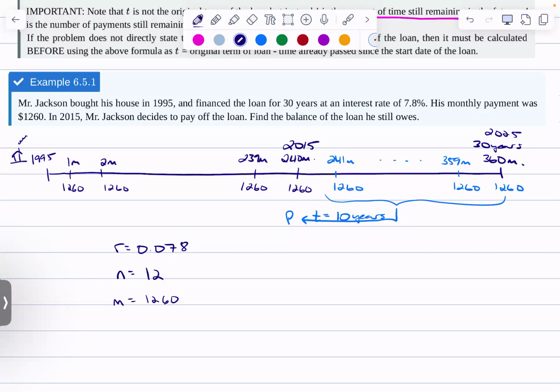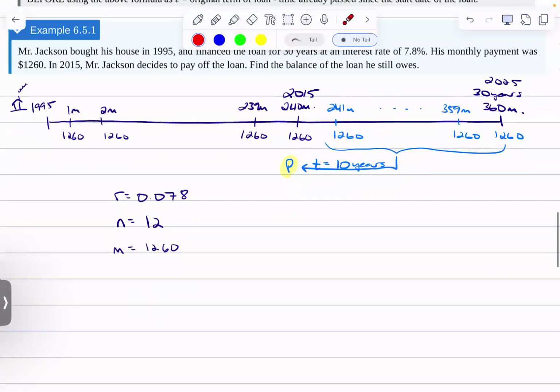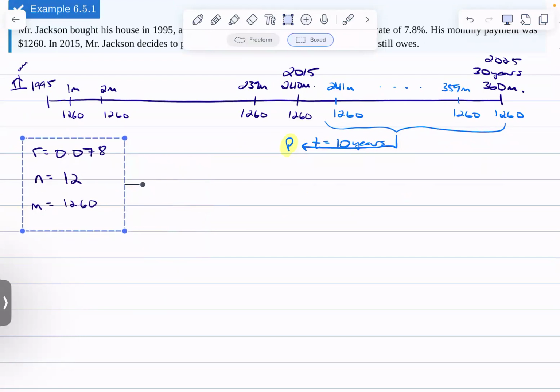You could also use this to figure out how much he paid for his house, if you pulled it all the way back. Okie dokie. So we're trying to solve for this P. The only adjustment from last week is that we need to change the length of time, but now we're ready.